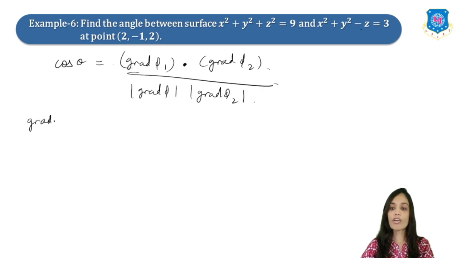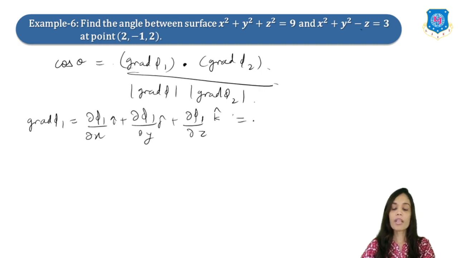So now let us find the gradient of the first surface. So gradient of phi 1 will be equal to del phi 1 upon del x i cap plus del phi 1 upon del y j cap plus del phi 1 upon del z k cap. So let us find the partial derivatives, where phi 1 is equal to x square plus y square plus z square minus 9.